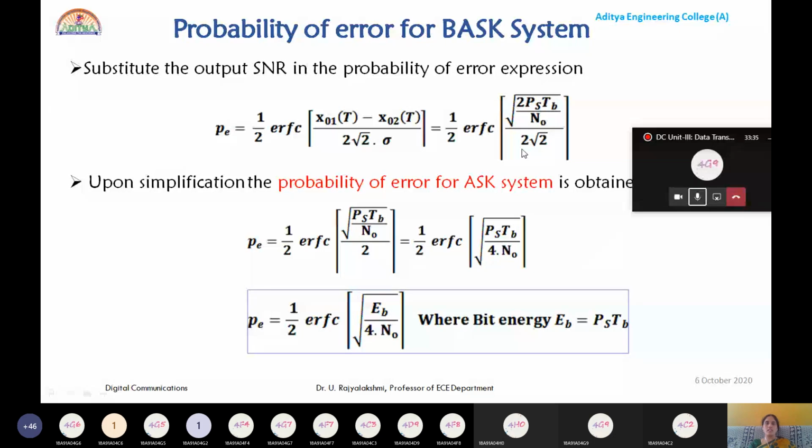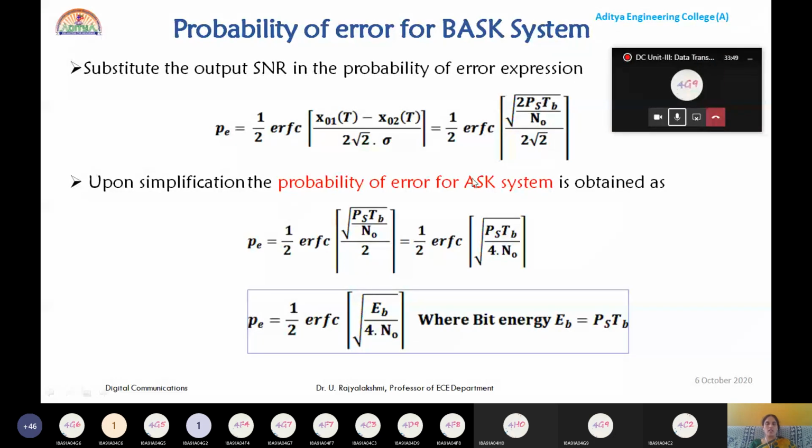Root 2 gets cancelled and you will have 2 outside the root. If you take this inside the root, you get 4. Upon simplification, the probability of error for the ASK system is PE equal to half ERFC of root Ps into Tb divided by 4 N naught.